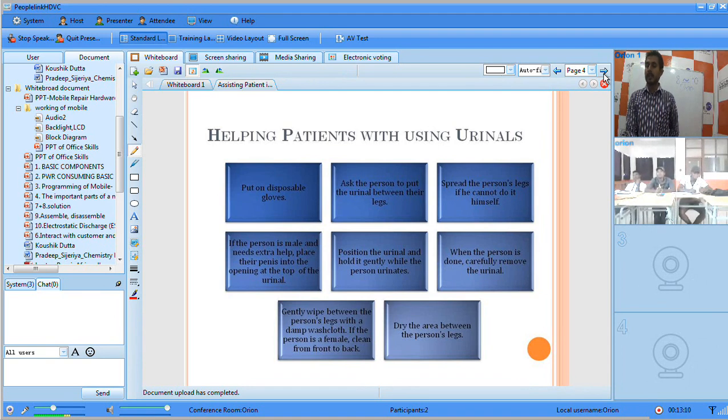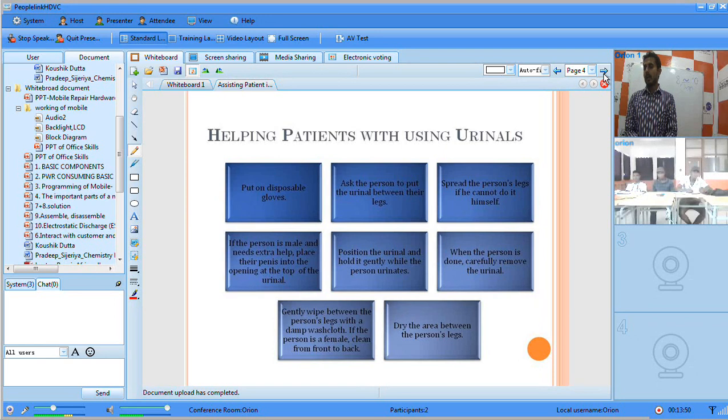If help is needed to separate the legs during the process, then you need to help them according to the need of the individual patient. In case of a male patient, if they require extra help, then you need to help them out.